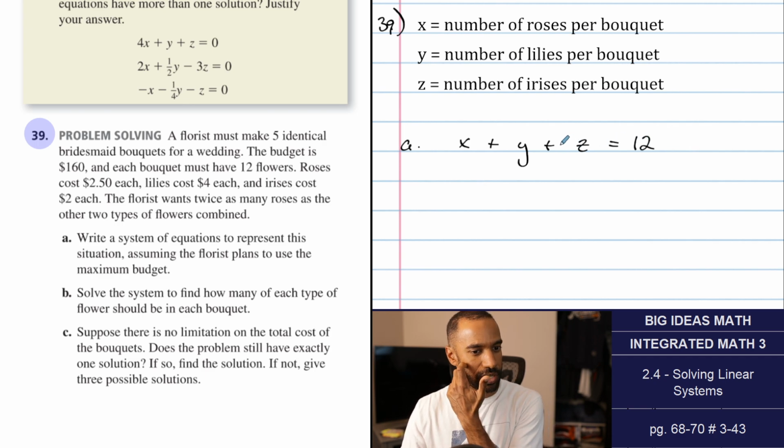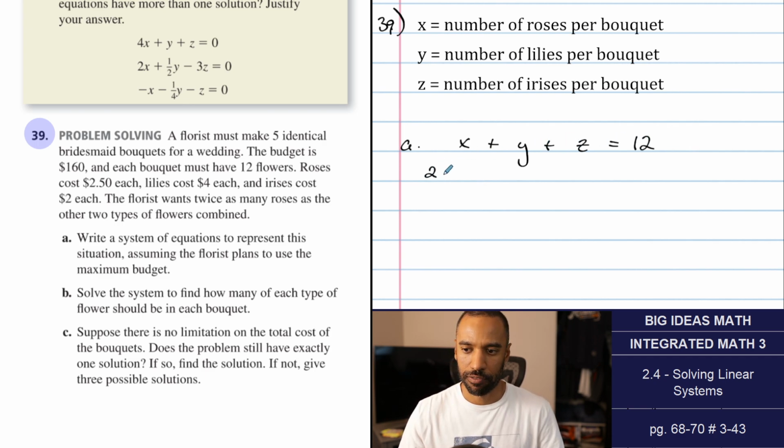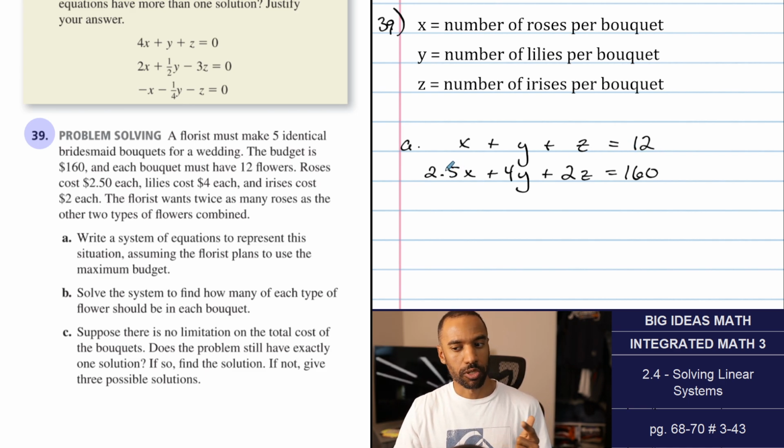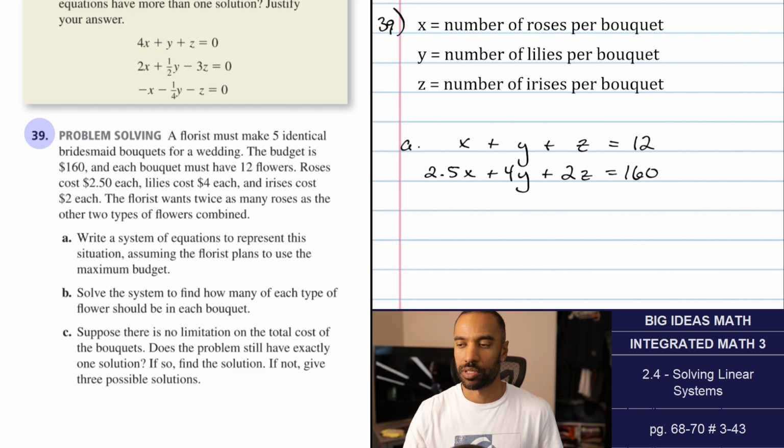All right, the cost, $2.50 per rose times the number of roses, plus $4 per lily times the number of lilies, plus $2 per iris times the number of irises is $160. Now, what I'm going to do with that one probably is multiply everything by 2, so this becomes a non-decimal. I'm just setting it up for now.